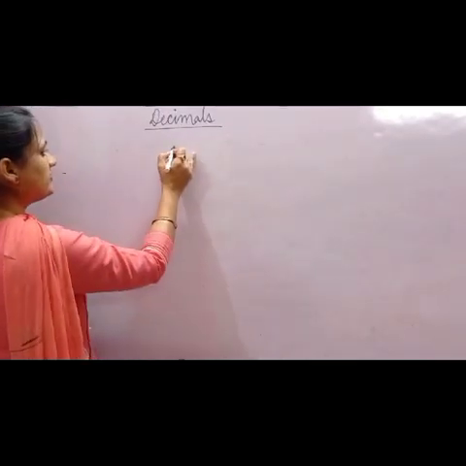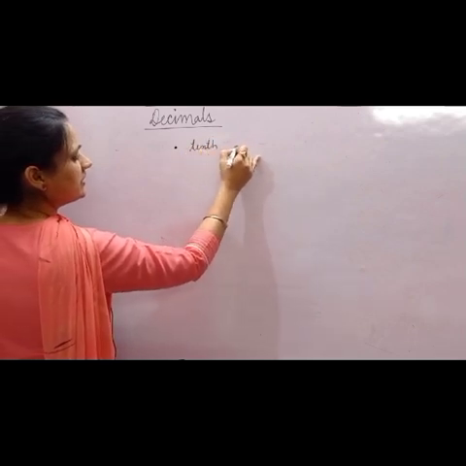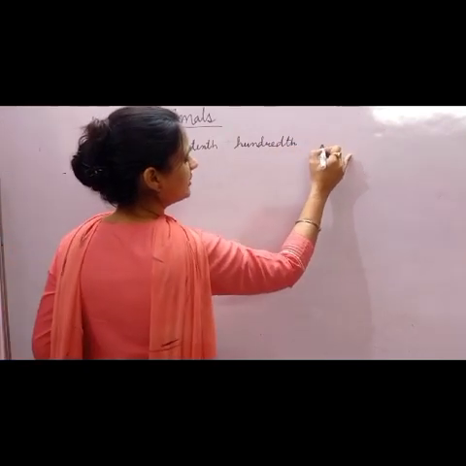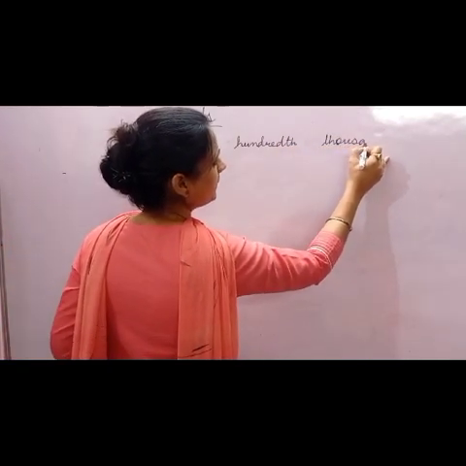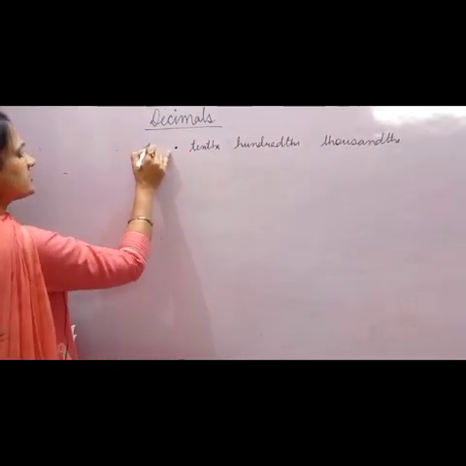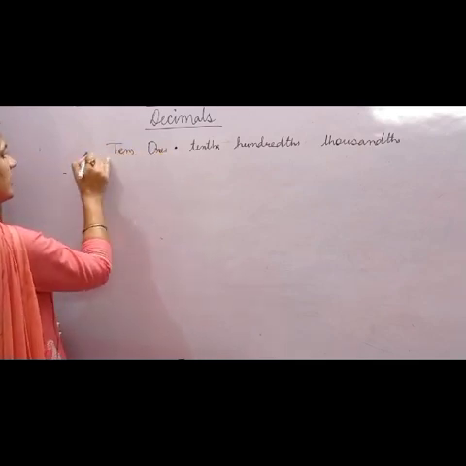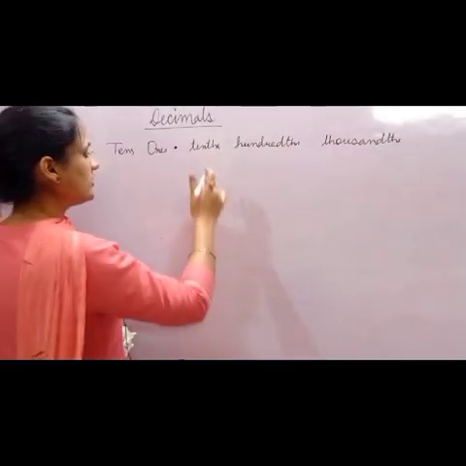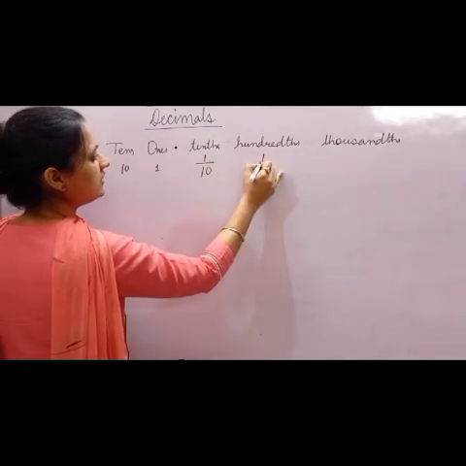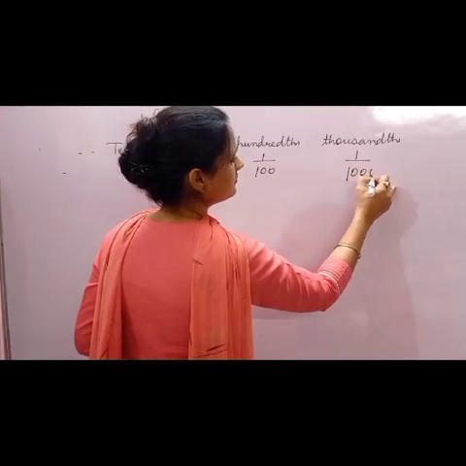Whenever it is decimal on this side, the first place after the decimal is tenths, then hundredths, after that thousandths, right? And on this side, first is ones, then tens, and so on, that you know, hundreds, right? But whenever there is a decimal, after the decimal all the zeros come in the denominator, right?